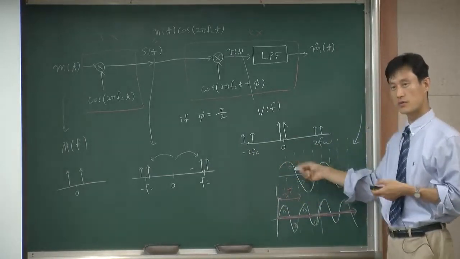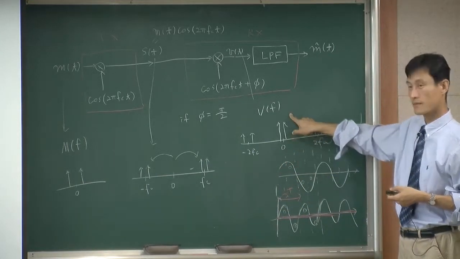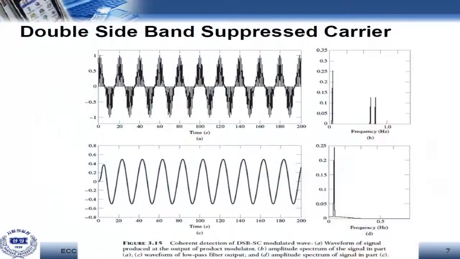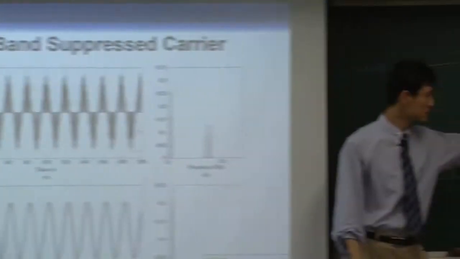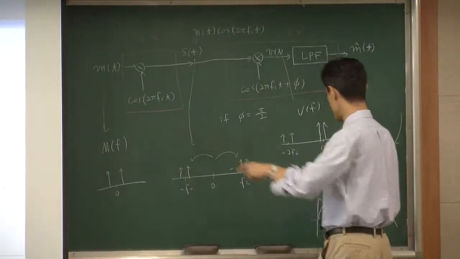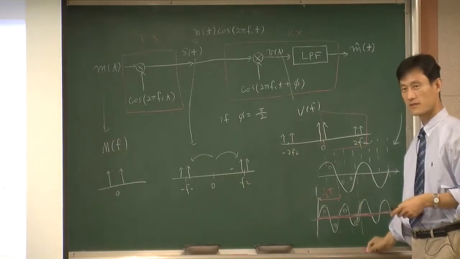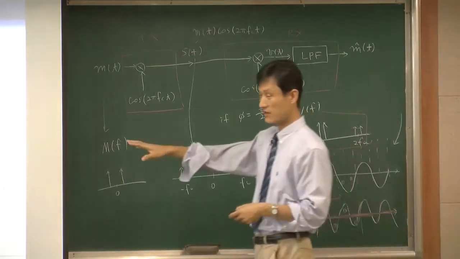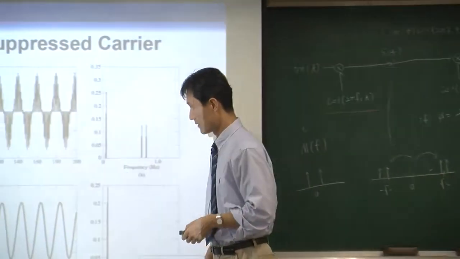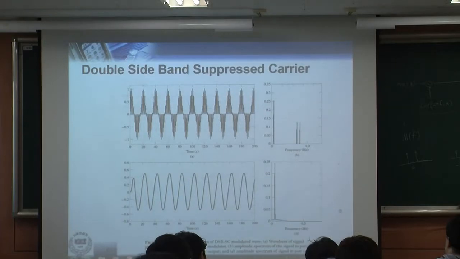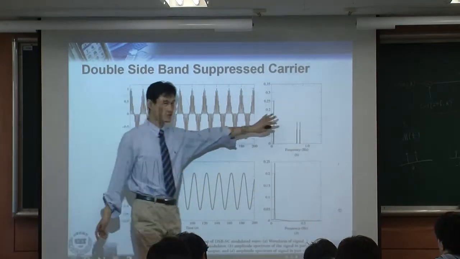So this is what you're gonna get. This picture only shows you positive, but there's also negative here, and there are 2 more, right? So that is VF.